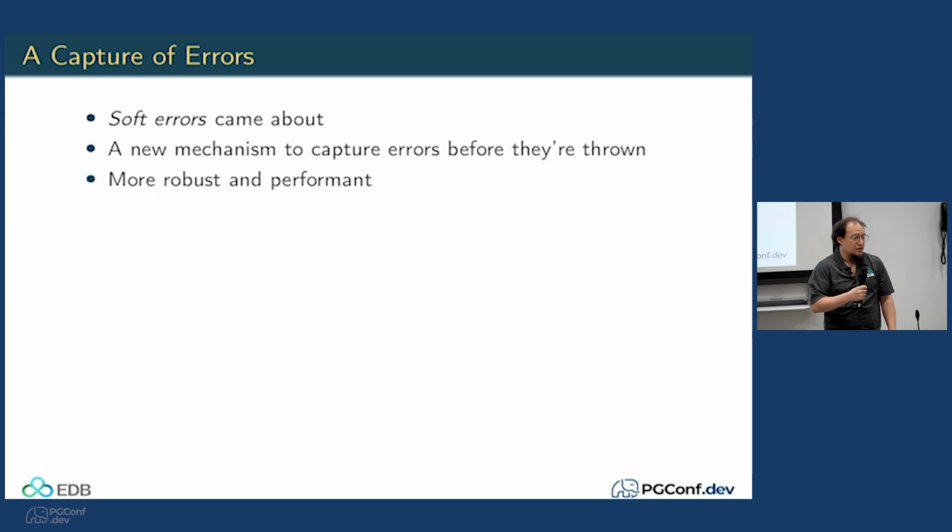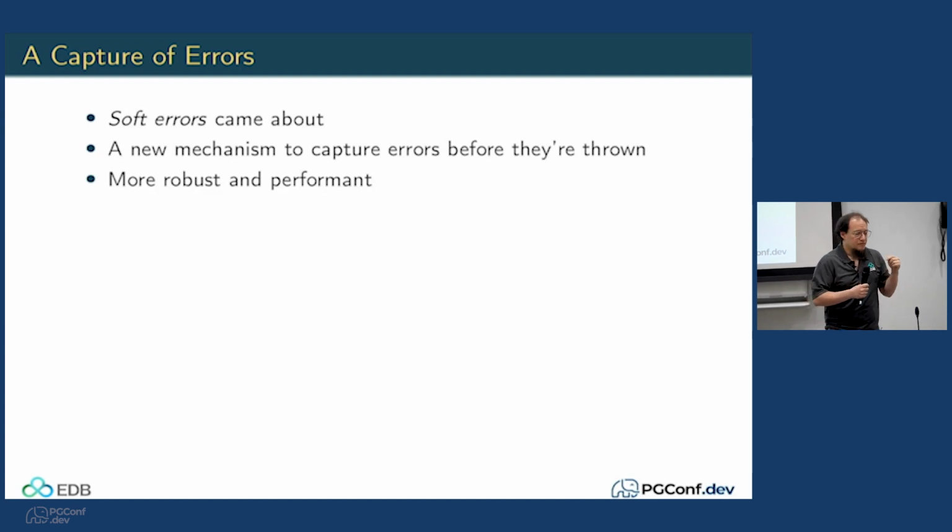So this is when a completely new technology entered Postgres, which was extremely useful, not only for SQL JSON, but for other things also, which is called soft errors. Soft errors allow you to save error state when it is going to be thrown into a special variable, so that the function that is doing the parsing can obtain the error state and process it in the way that it seems appropriate, without the system actually getting the error thrown.